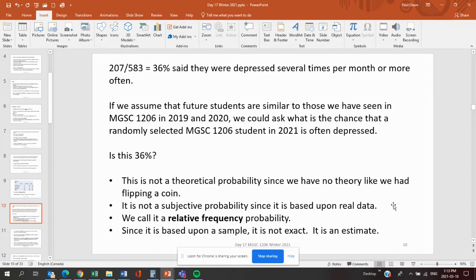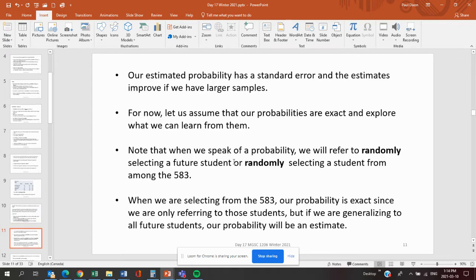But watch it. It's based upon a sample, so it is an estimate. It's not perfect. Maybe it's not 36%. Maybe it should be 33% or 38% or 39 or 40%. It's somewhere in that neighborhood, so it's not quite exact. Okay, it's an estimate. And I could get into issues about measuring precision, but I'm not going to do that. We've talked a lot about estimation before.